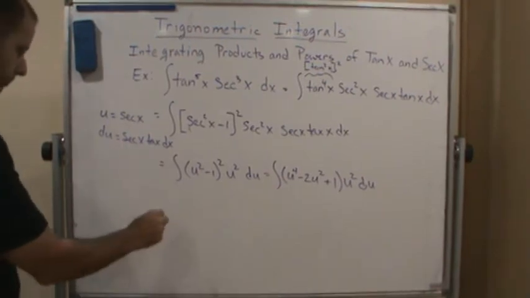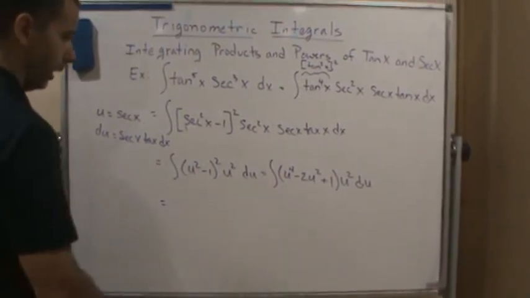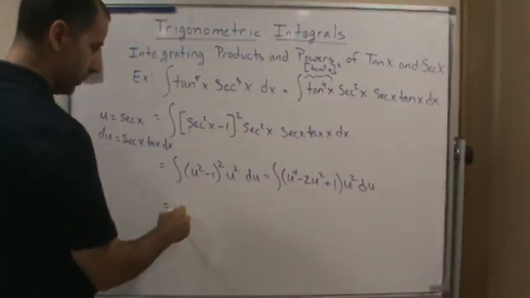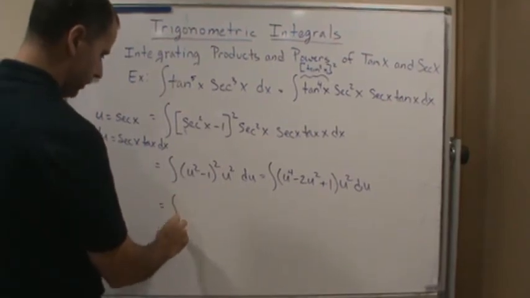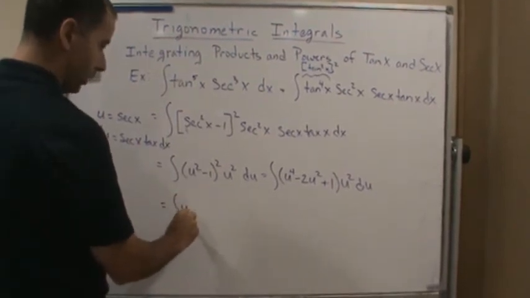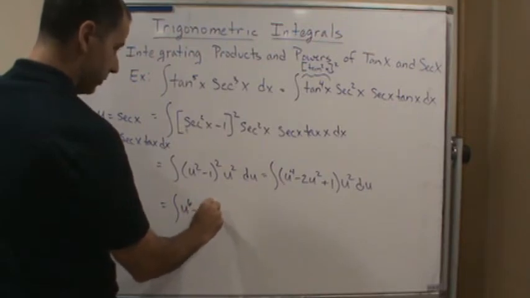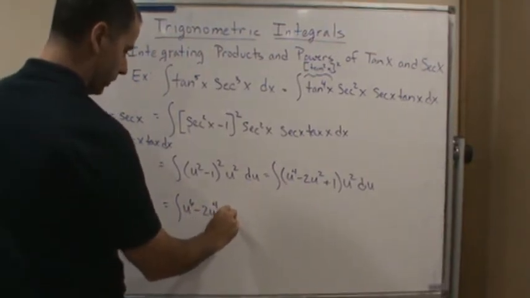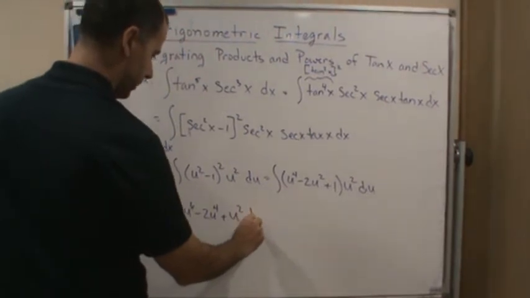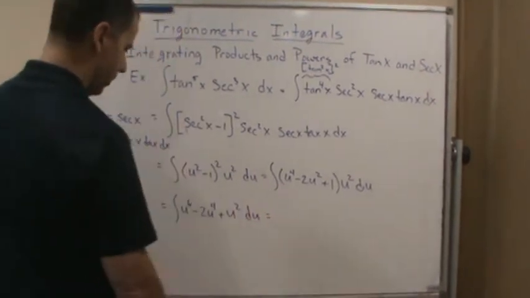And now I just have to, again, distribute, and then I can integrate. So this is going to become u to the sixth minus 2u to the fourth plus u squared du. And now I can integrate.